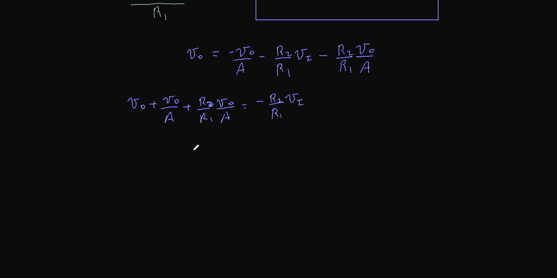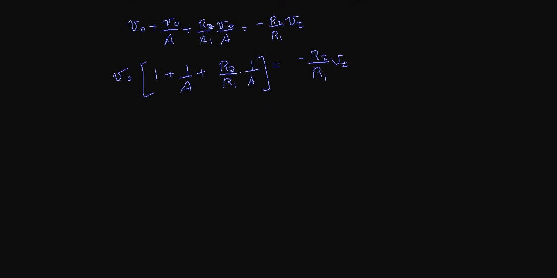is equal to minus R2 over R1 times the input voltage Vi. So now let's factorize V naught outside. V naught times 1 plus 1 over A plus R2 over R1 times 1 over A is equal to minus R2 over R1 times Vi.